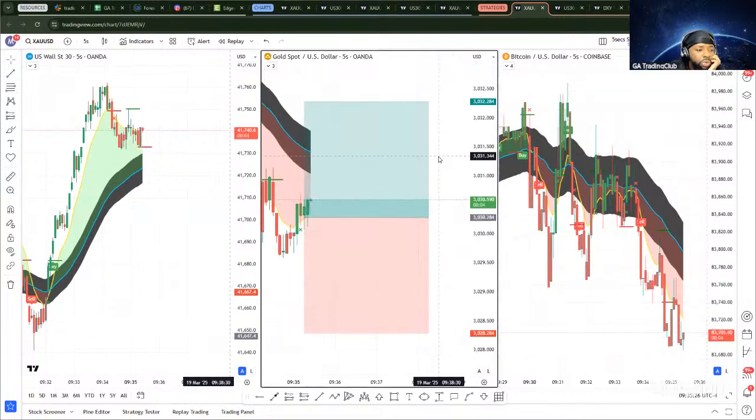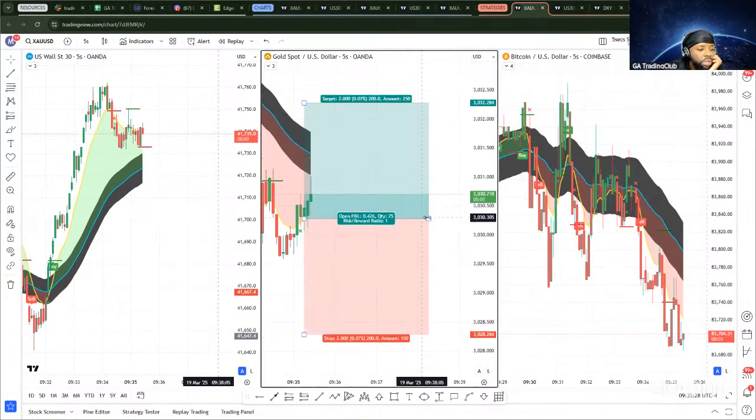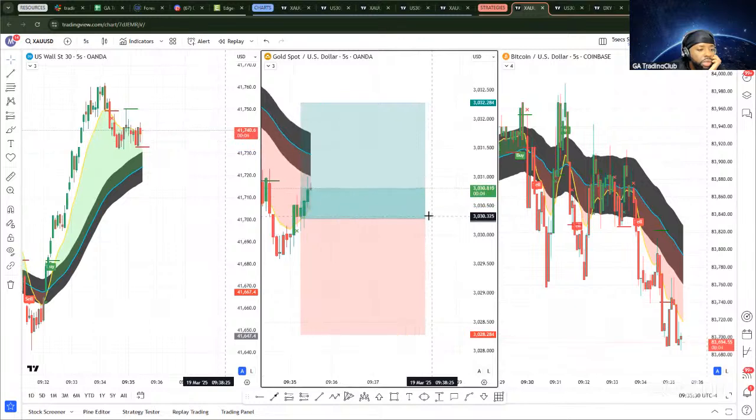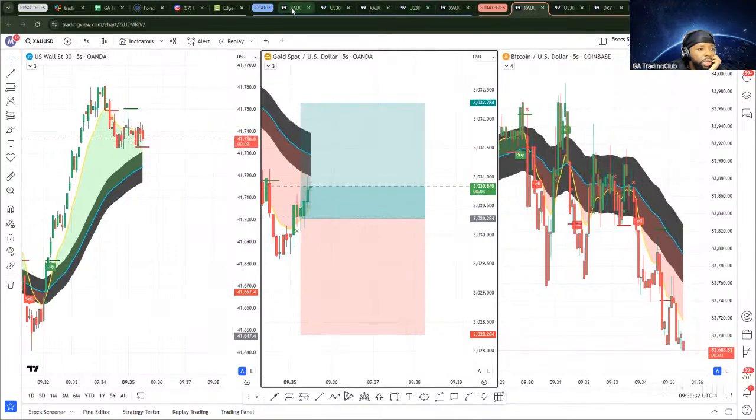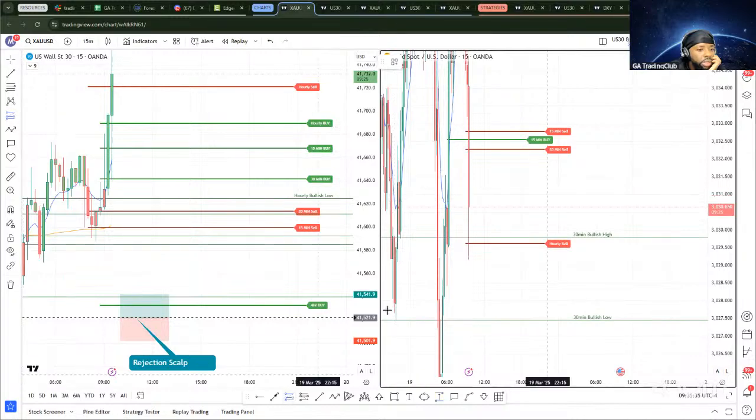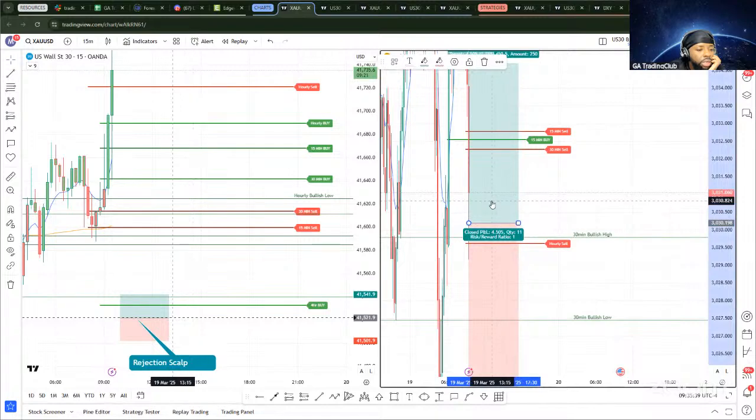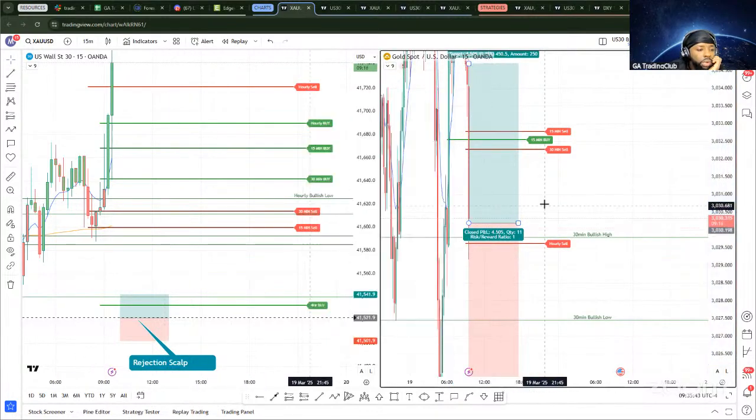$2 TP, $2 stop loss. So this is 3030.3. Should be this. It was based off of the 30-minute. So 3030.3.